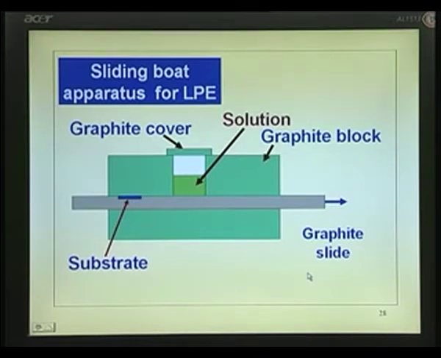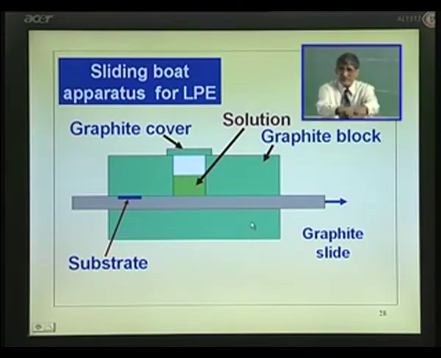Very simple. All that you need is to get in touch with a company which makes graphite blocks. I am not getting money for advertising. Poco graphite is a very famous graphite making company, they make very high purity graphite. So, the whole thing is a graphite block. You have a big graphite block in which another graphite can slide.